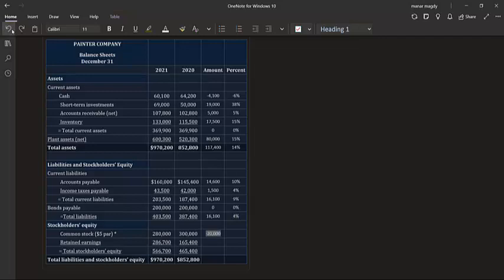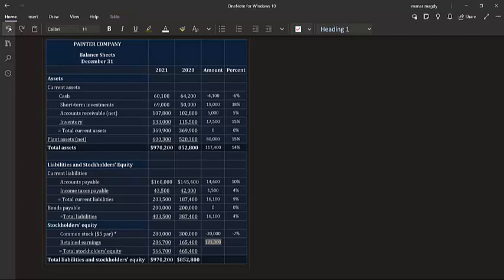And the common stock decreased by 20,000, so we're going to put here a negative, or put it between two brackets. So the amount of decrease equals negative 7%. So the common stock that we have in the stockholders' equity decreased by 7%.